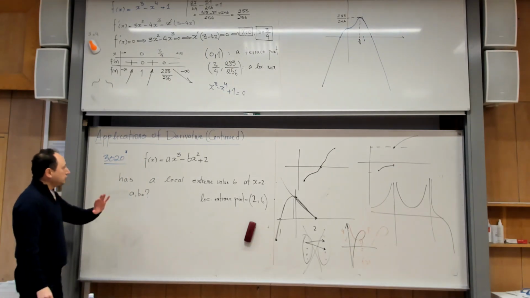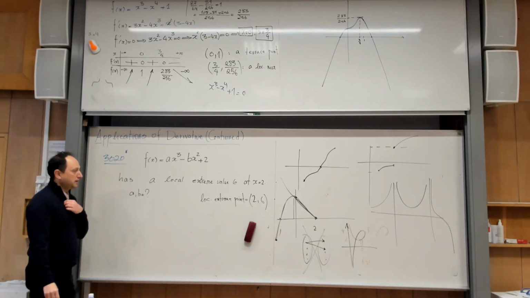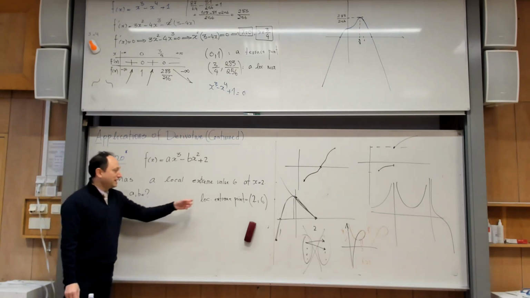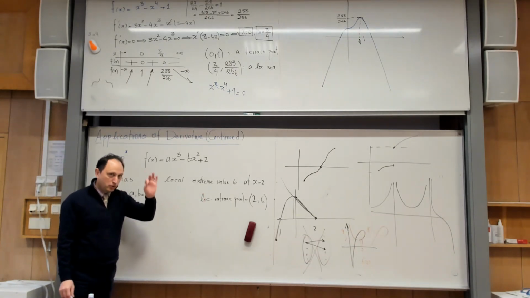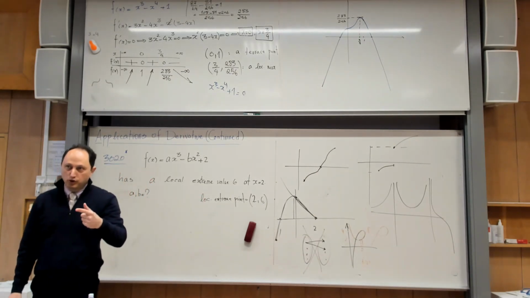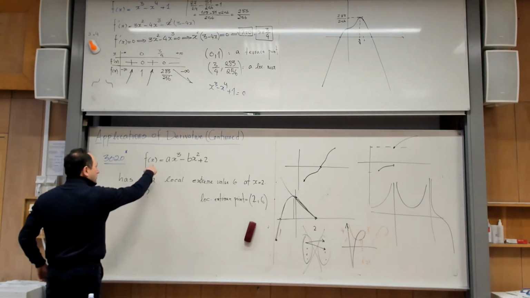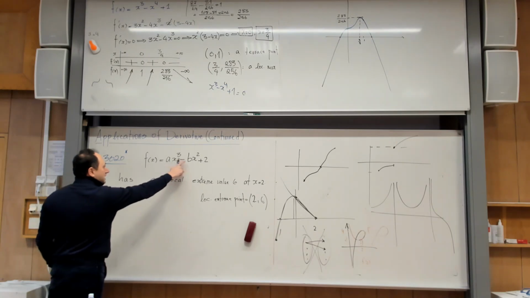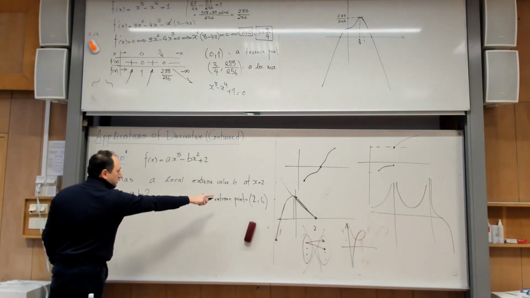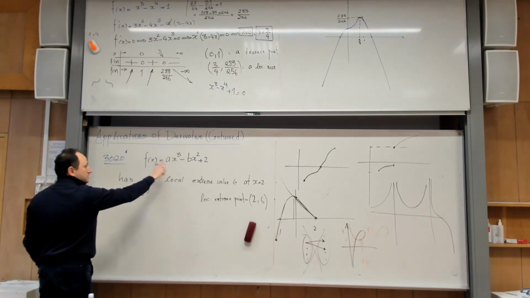First of all, I don't use the derivative at all because I tell myself that a local extreme point is a point on the graph, so the coordinates should satisfy the equation of the function. If I replace x with the x coordinate, what I expect to get is the y coordinate.